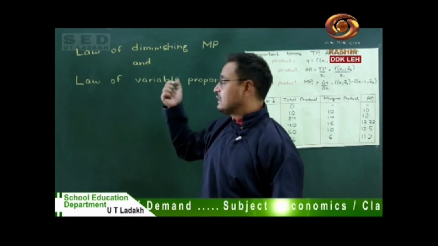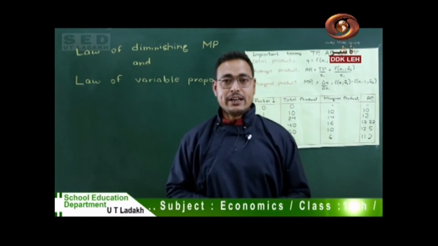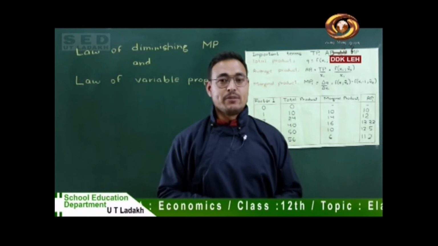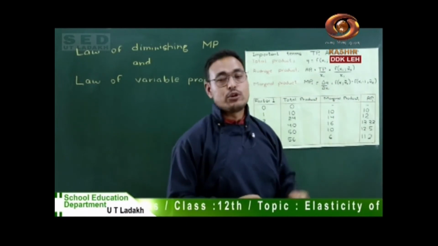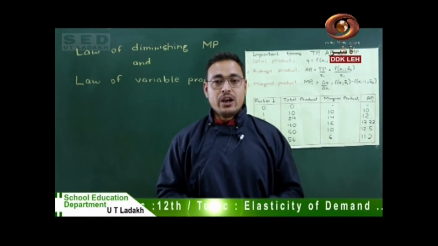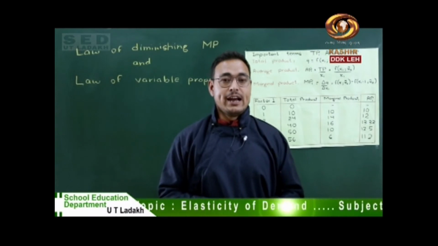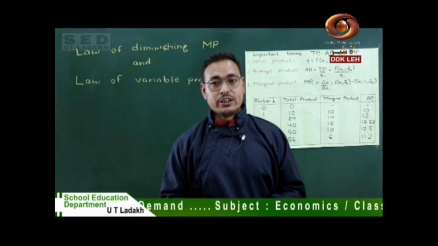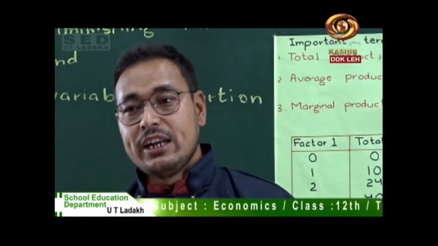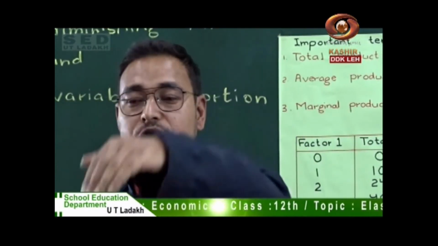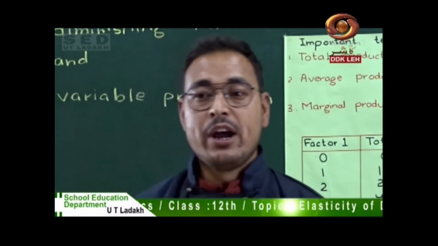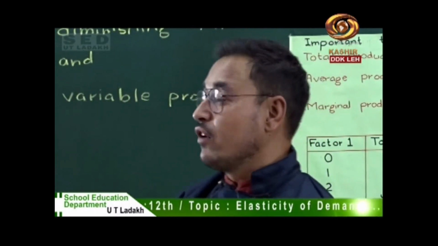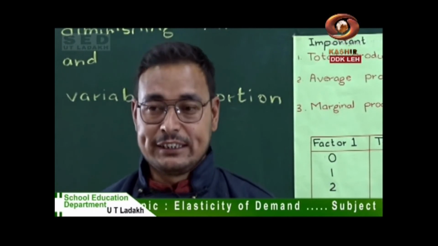Now what the first law states is that your marginal productivity of labor, the marginal productivity that we just calculated, initially will increase at an increasing rate, but beyond some point it will start diminishing, and eventually it could also become negative. That is what the law of diminishing marginal productivity states.